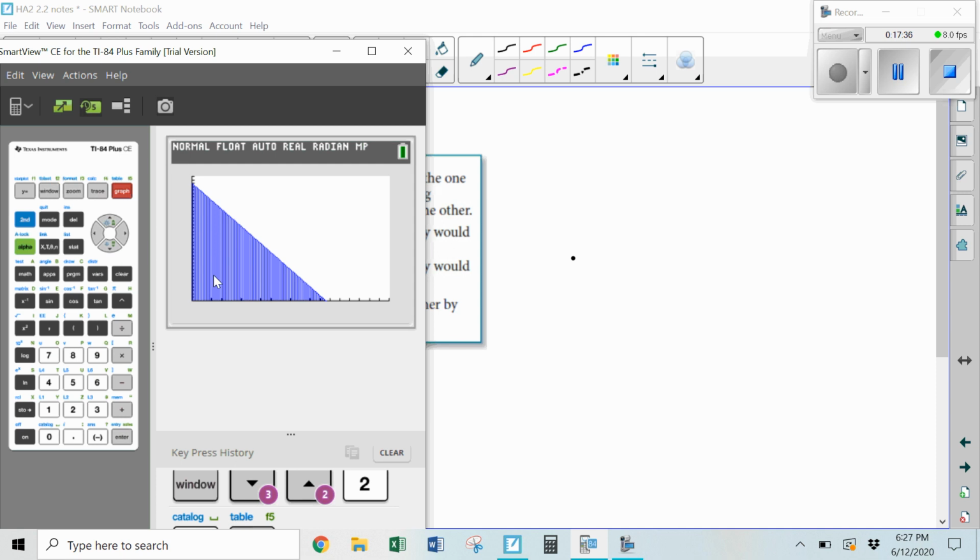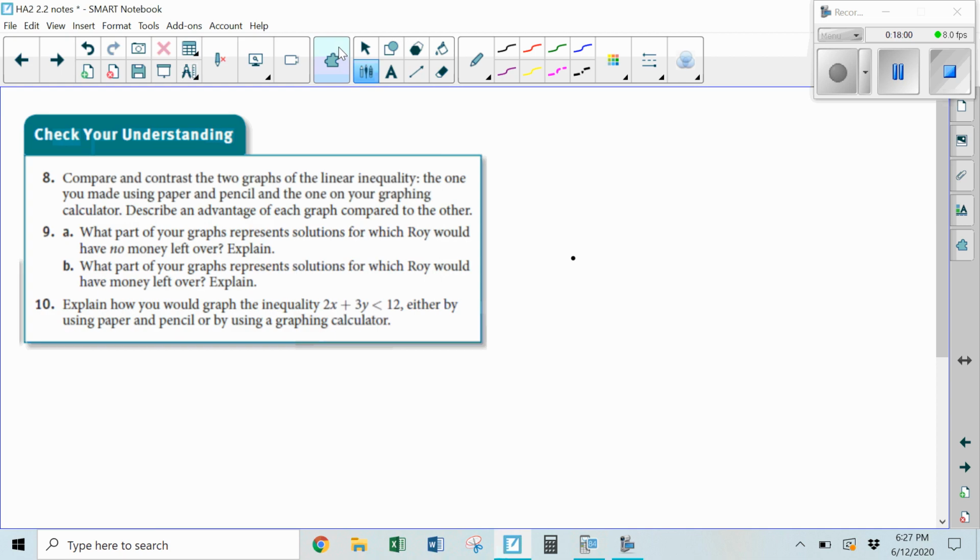So if I pick a number here like 2, sure, he could buy 2 meals and 2 tickets and he'd have a ton left over. 4 meals and 4 tickets, he'd have a ton left over. Anything in the shaded region here, he'll have money left over. But these maximum values are going to be on what we call the boundary line here. That's going to give him no money left. He's spending it all.